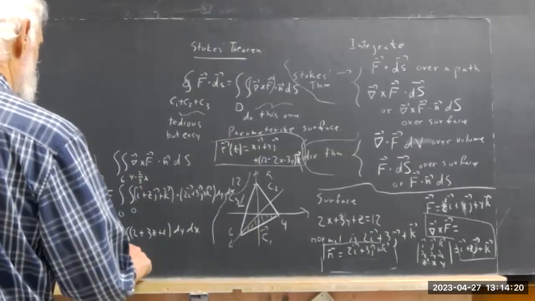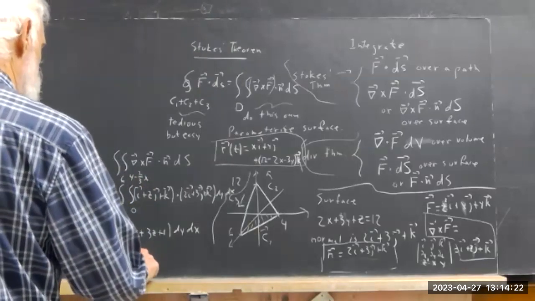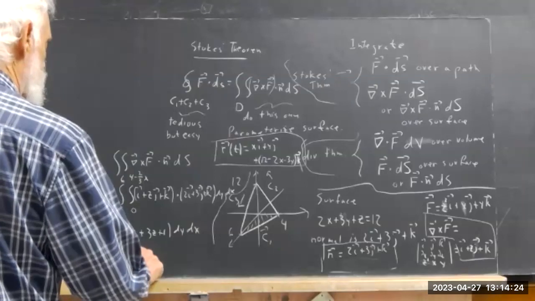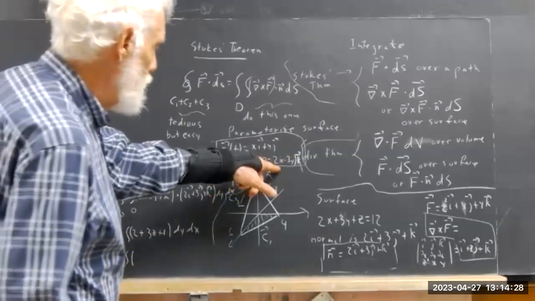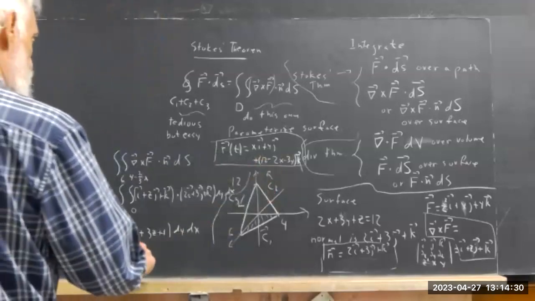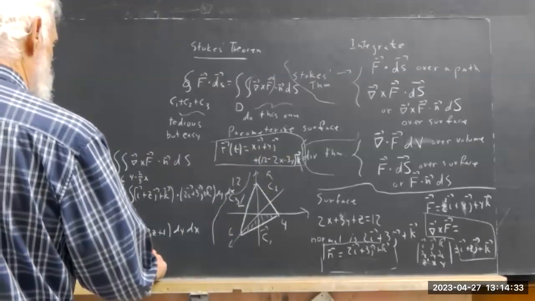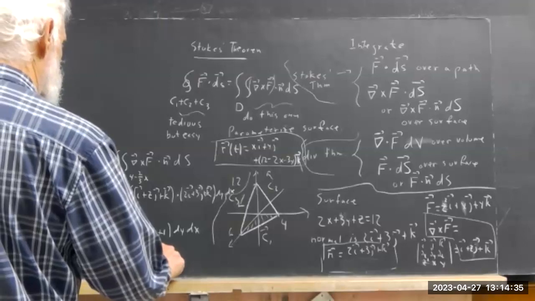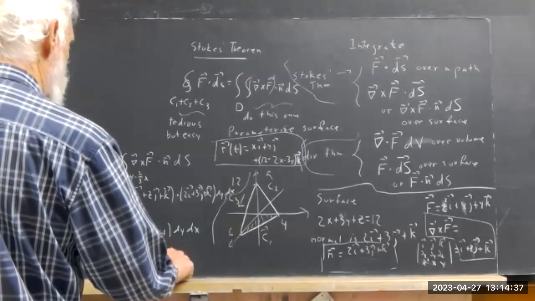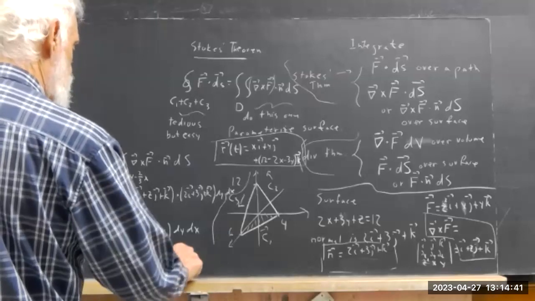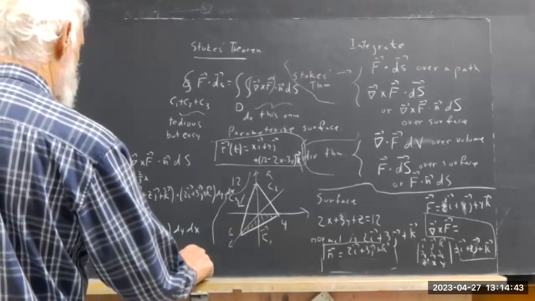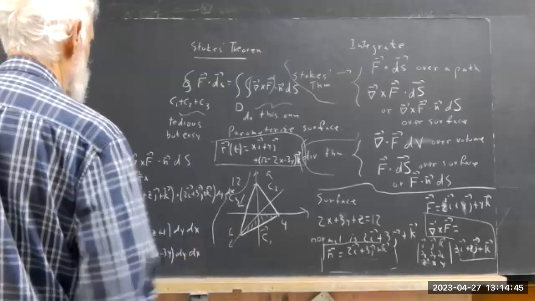Okay. This is a double integral of 2 plus this, which is going to be 14 minus 2x minus 3y dy dx.